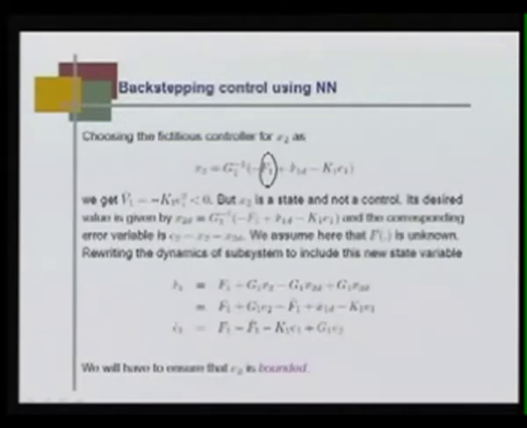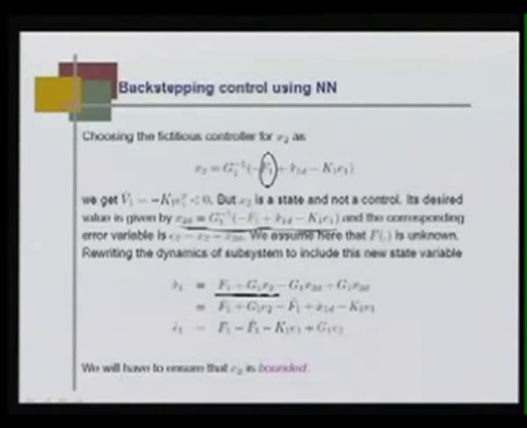Because this f1 is unknown, I replace this f1 by f1 hat in x2d, the desired value. Corresponding to that, the error variable e2 is x2 minus x2d. Then we can write x1 dot is f1 plus g1 x2, this is my original equation, and I add to this minus g1 x2d and subtract also the same quantity, and I replace this x2d by this quantity.